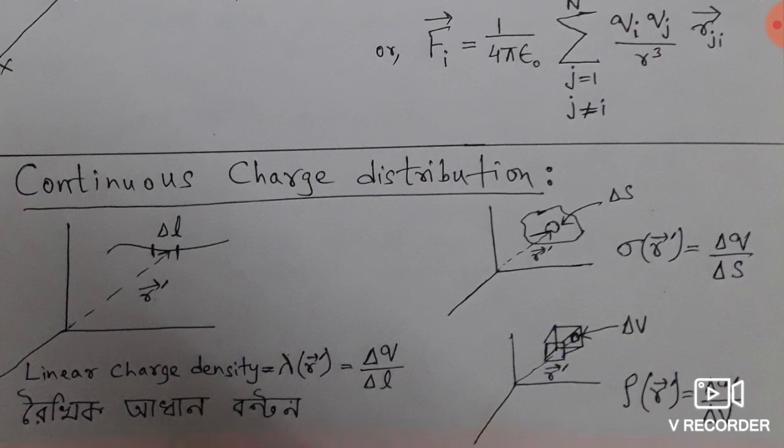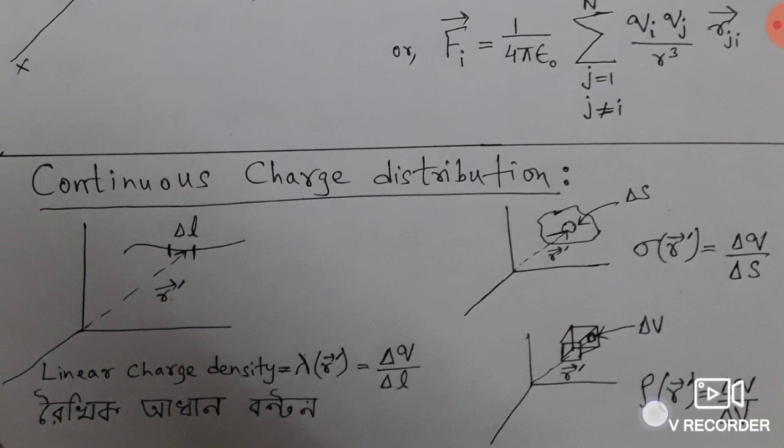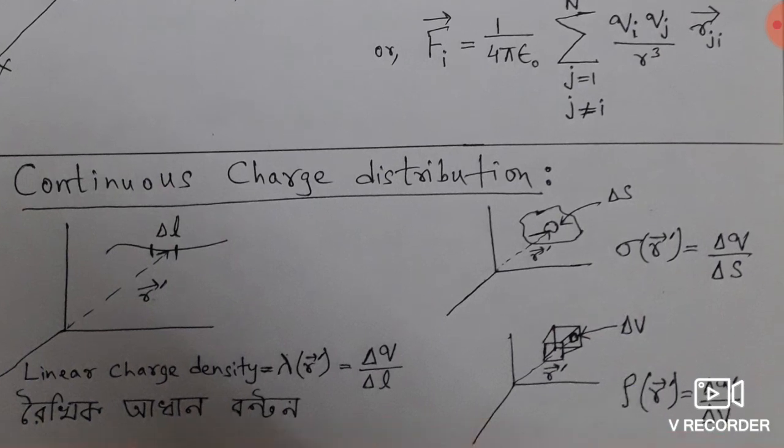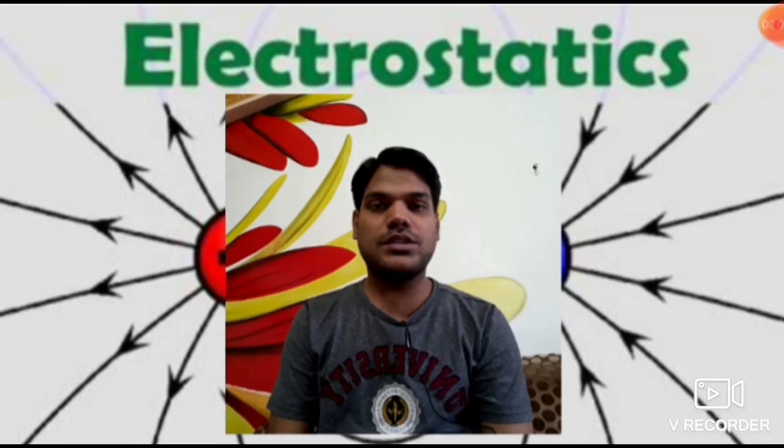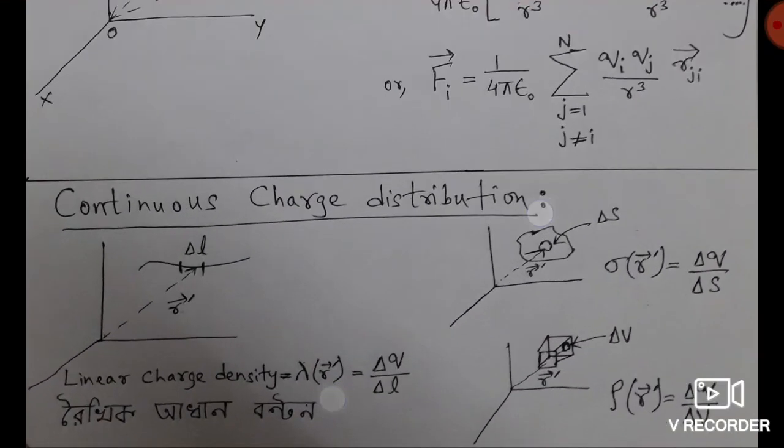Similarly, in case of three dimensions, it is volume. Rho is volume charge density, that is charge per unit volume. These expressions will be required while doing sums.